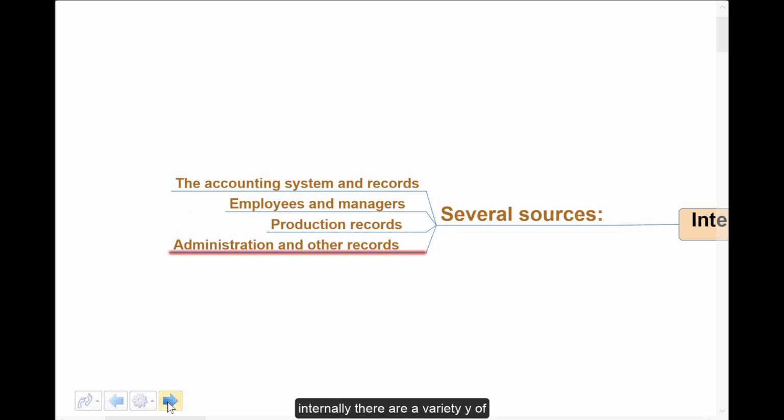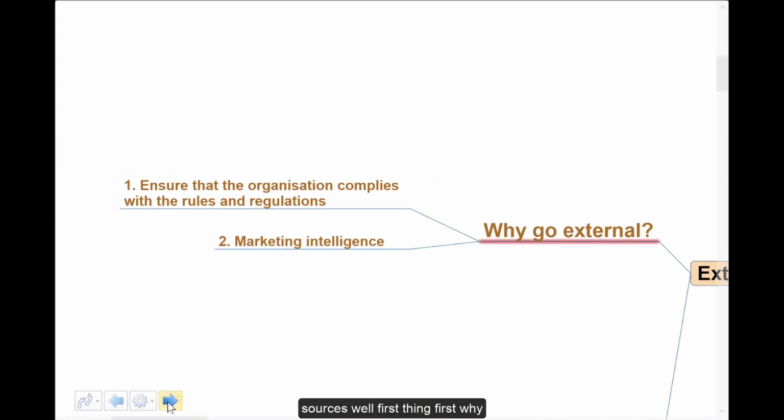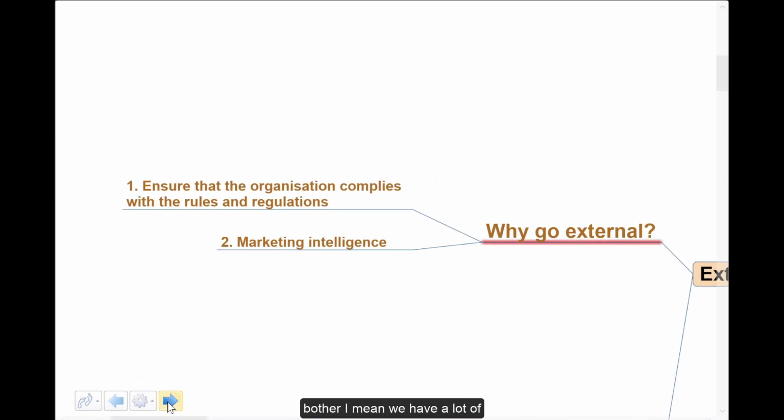So internally, there are a variety of areas that management and directors can go for information. What about external sources? Well, first things first, why bother? We have a lot of information in-house. We've been operational for many years. Why do we need to go outside? Well, certainly we need to adhere and comply with rules and regulations.